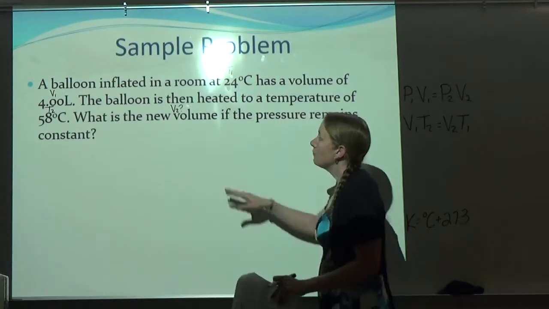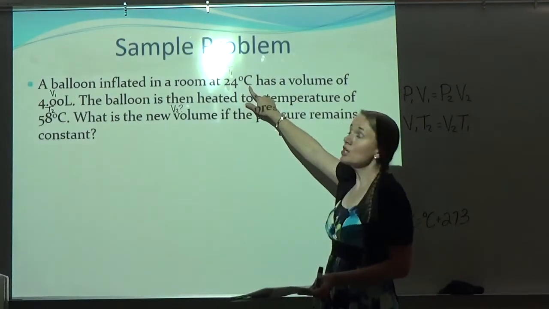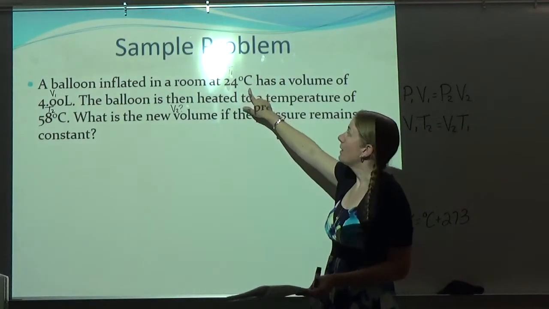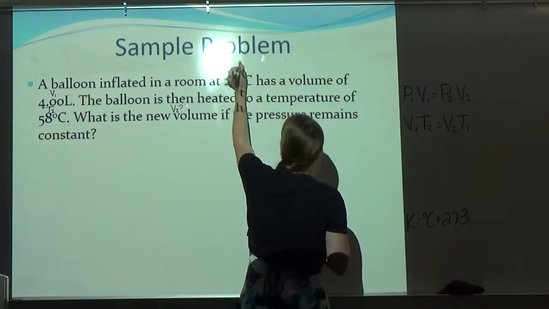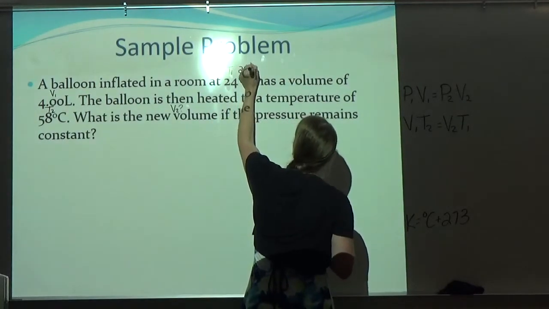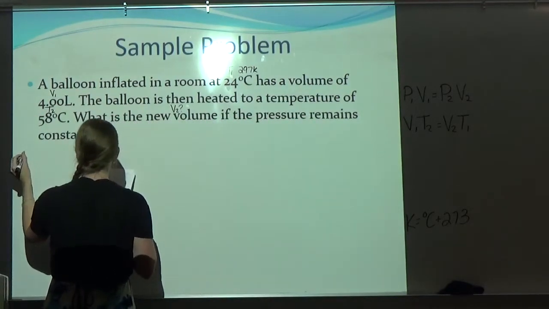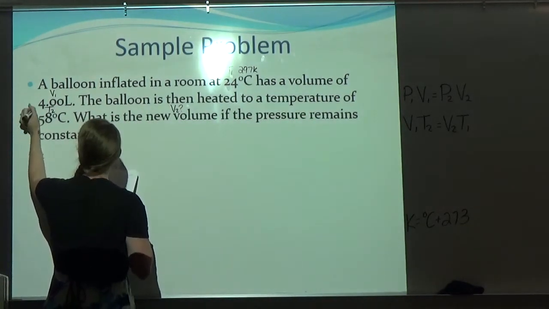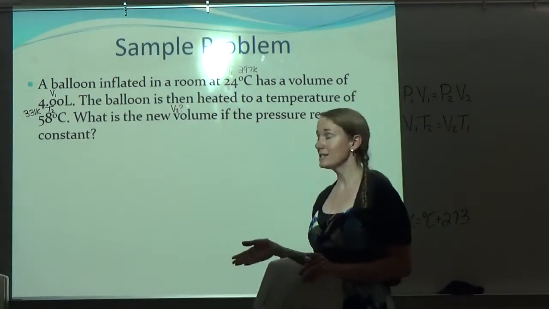All right, so volume can be in any unit, so liters is fine, but temperature has to be in Kelvin. So I'm going to take 24 and add 273, and that becomes 297 Kelvin. And then I'm going to do 58 plus 273, and that becomes 331 Kelvin. Okay, so you have to convert Celsius to Kelvin.